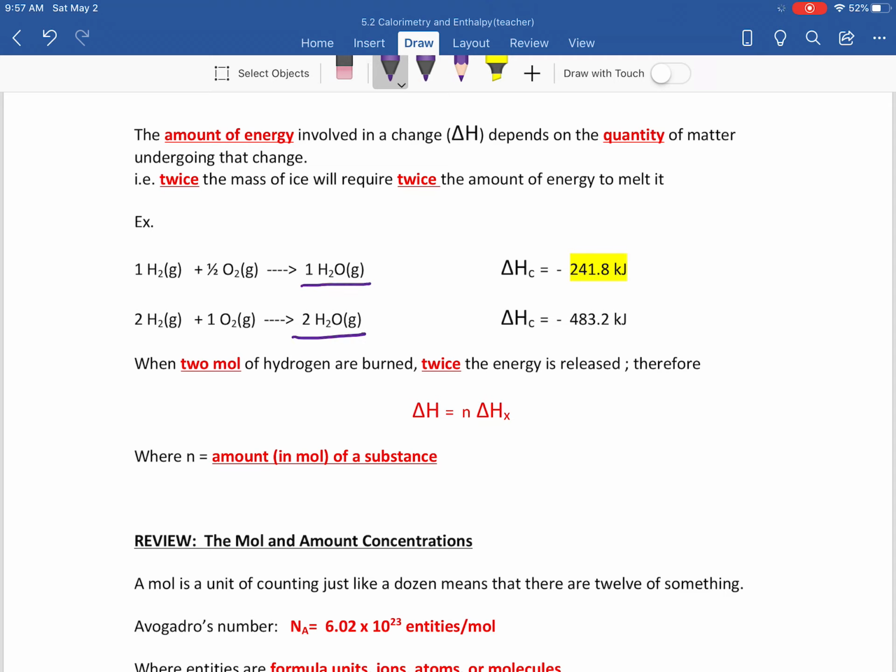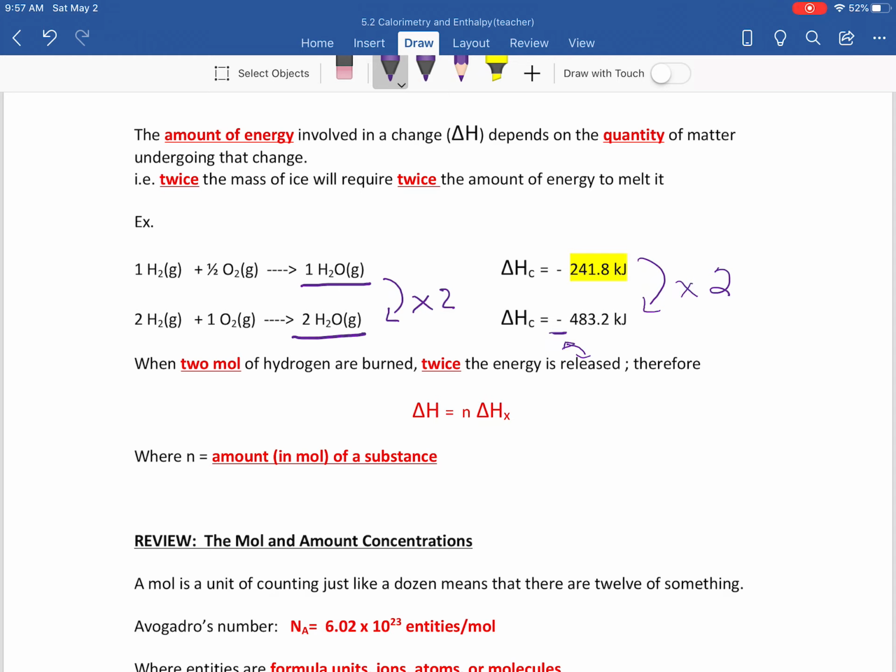When we're talking about water here, we've got 1 mole of water in the first equation, 2 moles of water in the second equation. Since we've doubled our amount of water, we are going to double our amount of energy released. And how do I know it's released?